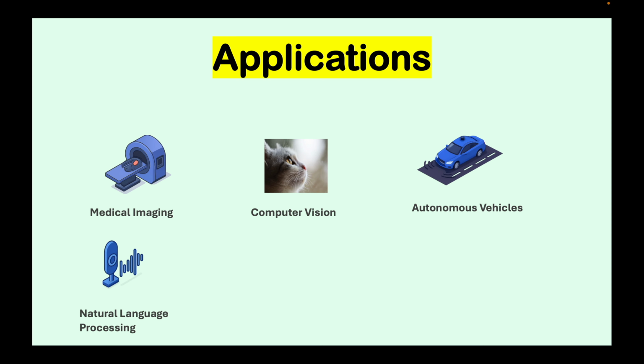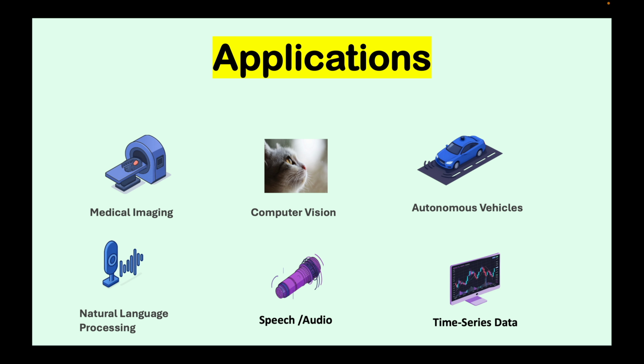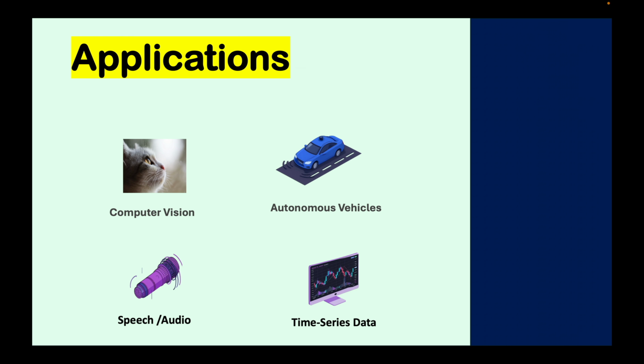In natural language processing, such as sentiment analysis, question answering, and machine translation by pre-trained models. In speech and audio, such as speech recognition, speaker identification, and sound detection. In time series and sensor data, such as fault detection, predictive maintenance, and financial forecasting, and so on. So these are some of the applications of transfer learning.